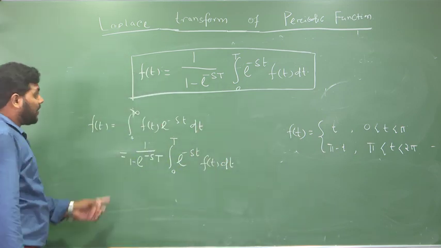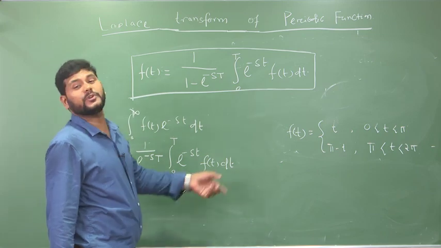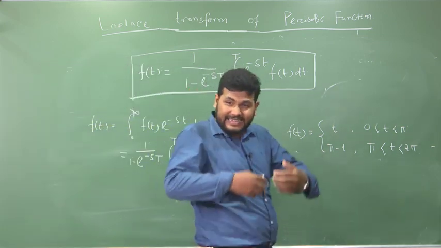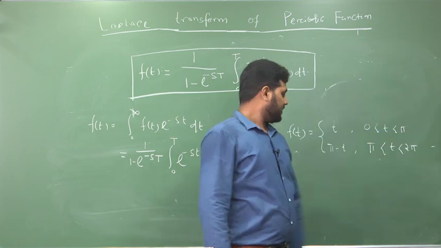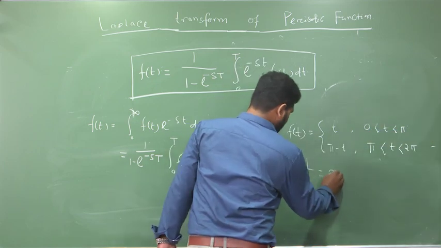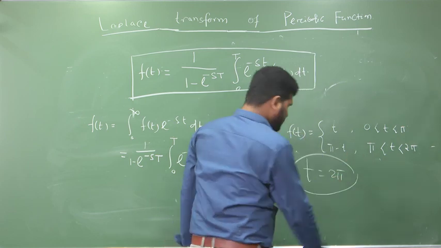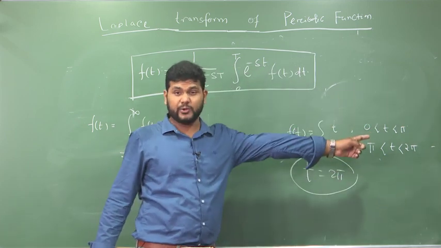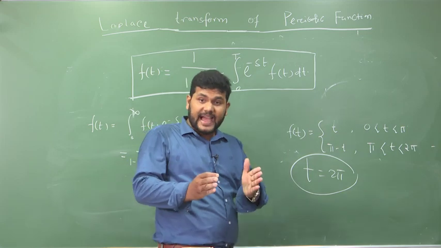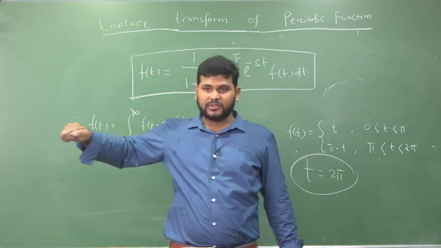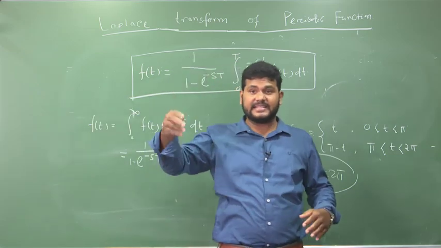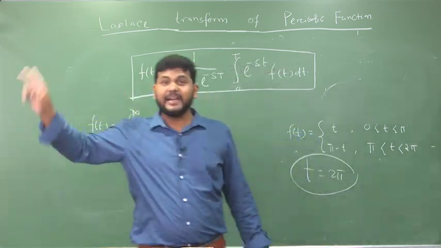Here, what is T? It is the time after which the function repeats itself. From the figure, T equals 2 pi. In the sawtooth I have shown you in the picture, you notice that after each 2 pi the tooth, the triangle, repeats itself.